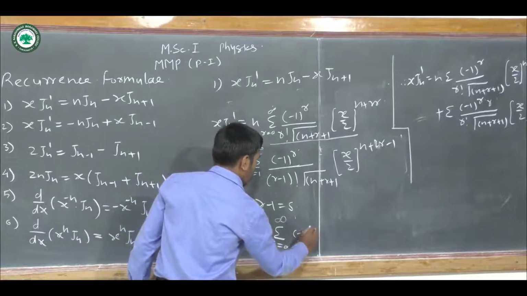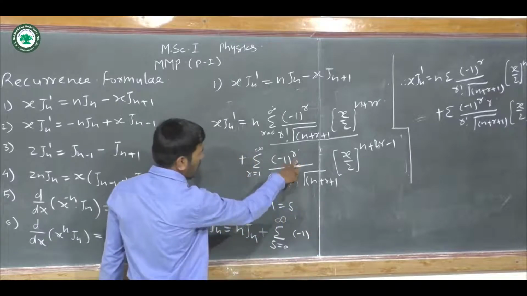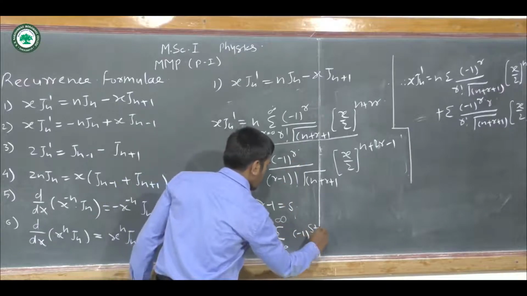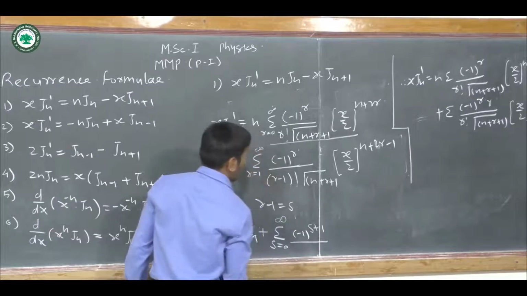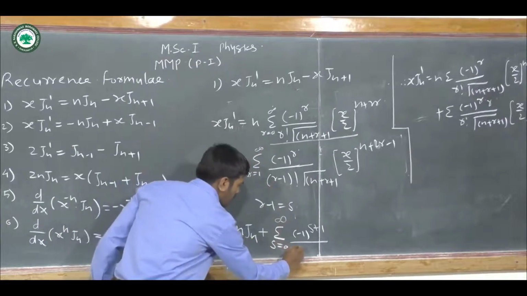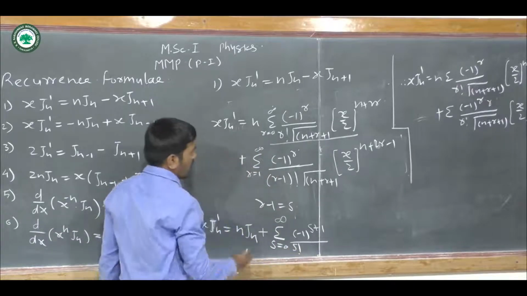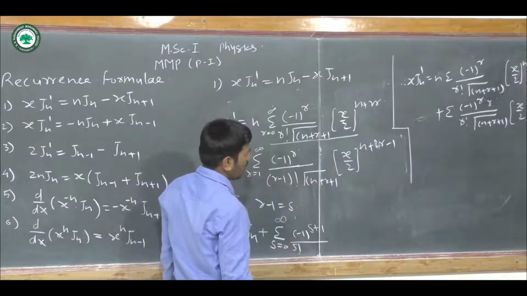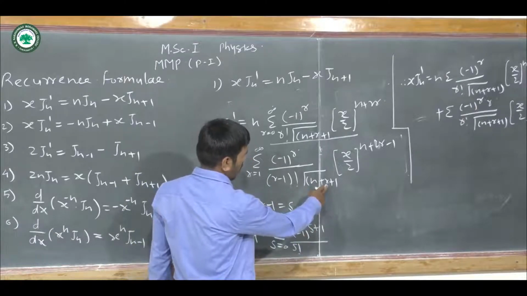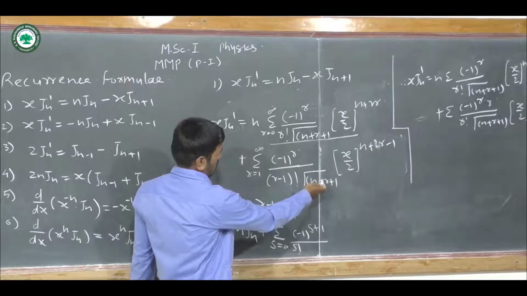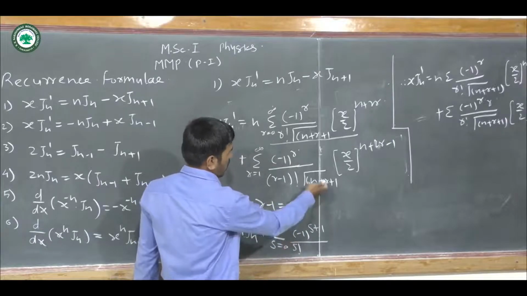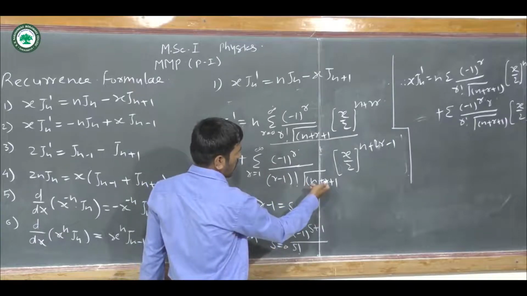Minus 1 power s plus 1, divided by s factorial, and gamma of n plus r plus 1; putting r is equal to s plus 1, it becomes gamma of n plus s plus 2.